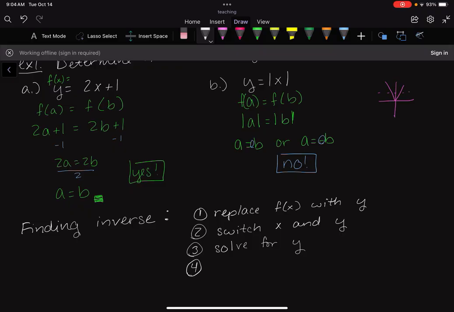Next is really just notation. It says that we're going to replace y with f to the negative 1 of x. That's the notation for the inverse function.